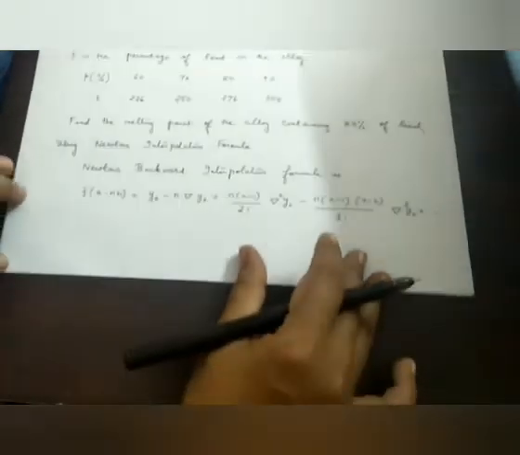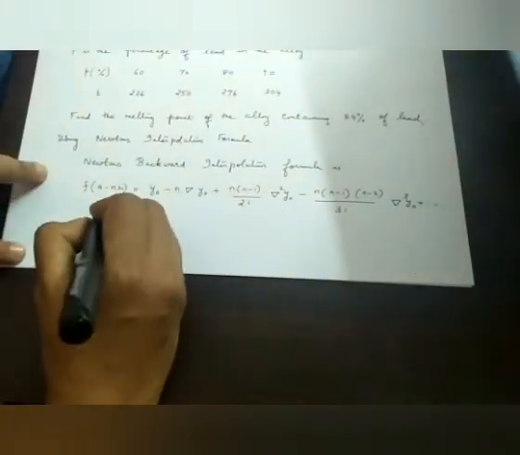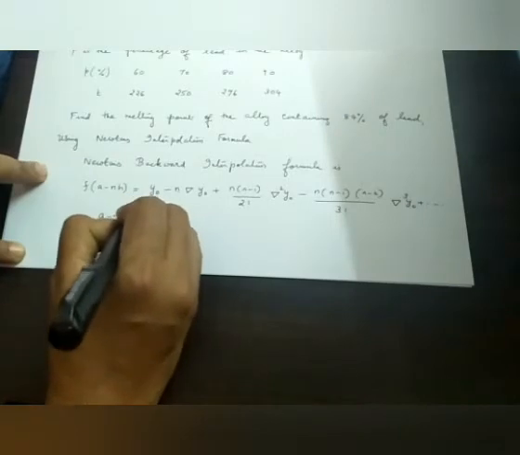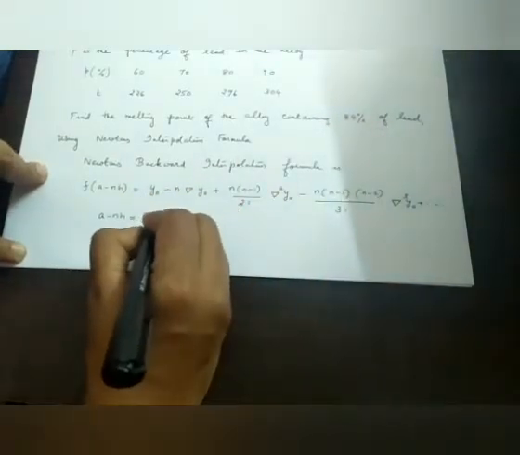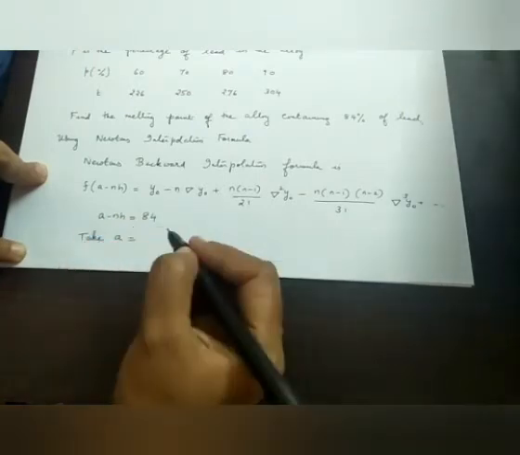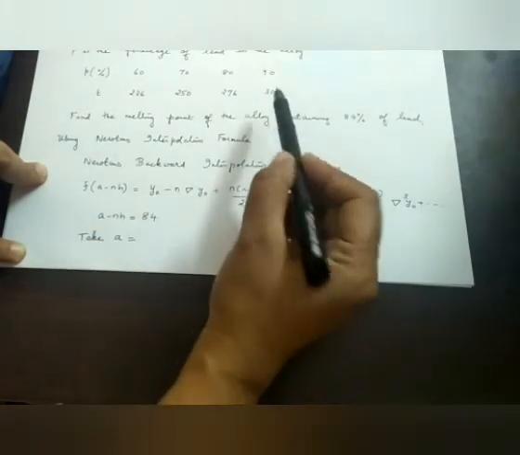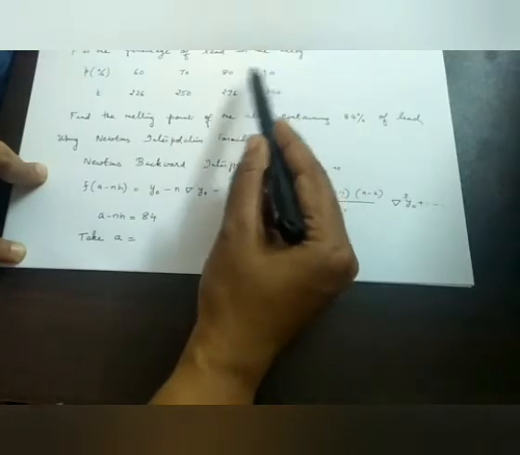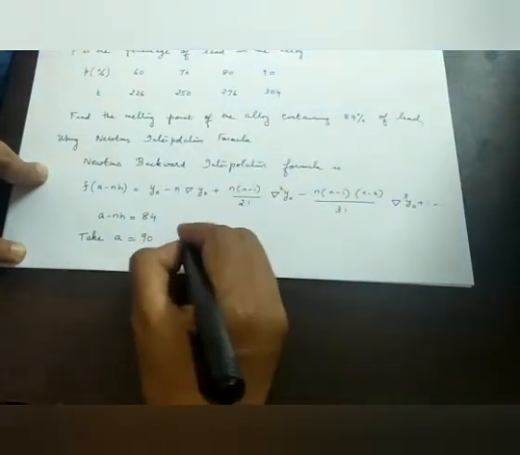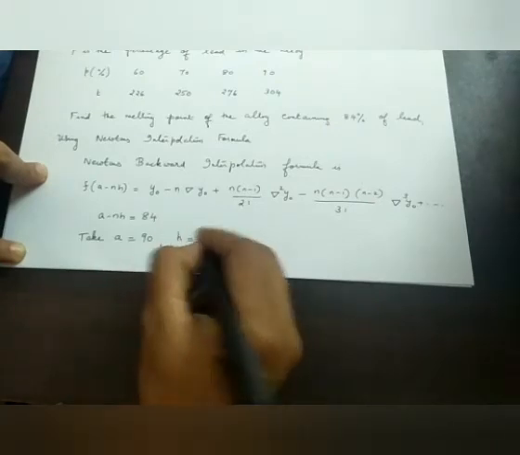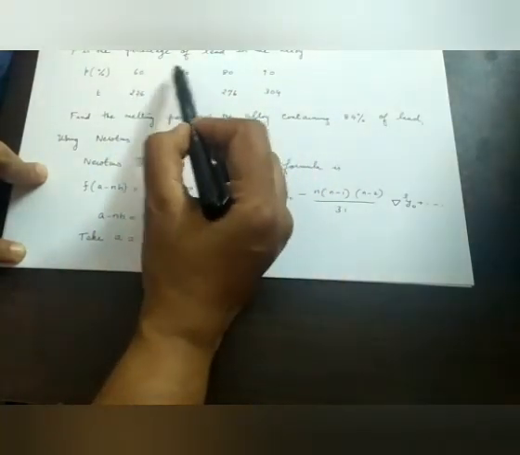Here we can see that a minus nh, which is the value we have to find out, is equal to 84, and take a as, since it is a backward process, we will take a as 90 from back side. The interval of differencing h: the intervals of x are at equal intervals.